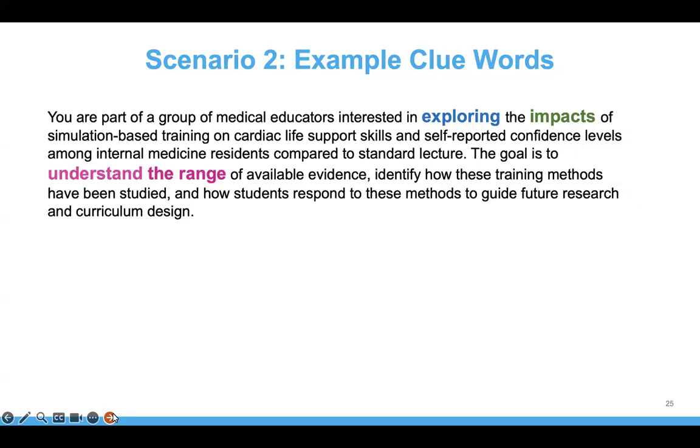Lastly, the goal is to understand the range of available evidence. The phrase understand the range solidifies that we want to map the literature. We aren't looking for a specific answer here. We just want to see what's out there on the effects or influence of simulation-based training versus standard lecture. These terms, or phrases as well, indicate that we are leaning towards a scoping review.